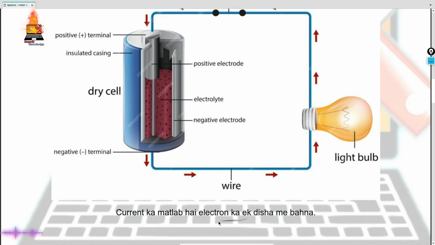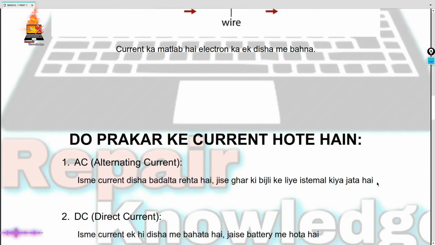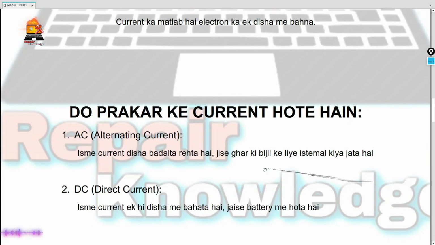Now we come down, friends. What is shown here is that there are two types of currents, one is AC and one is DC. Even a small child will tell you this.